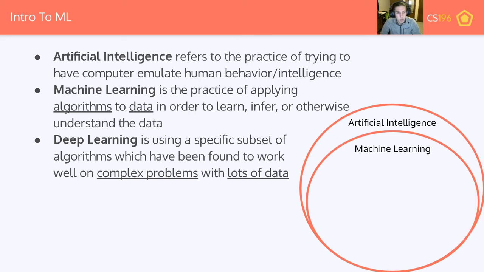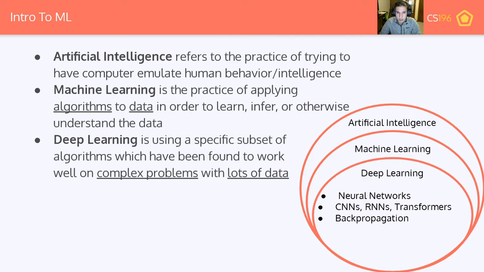And so what do we call a complex problem? Well, let's first maybe... Oh yeah, sorry. We have our deep learning bubble here, and we have things like neural networks, CNNs, RNNs, and transformers, which are different flavors, varieties of neural networks, and then we have the whole topic of backpropagation.